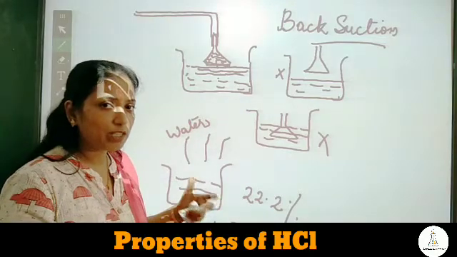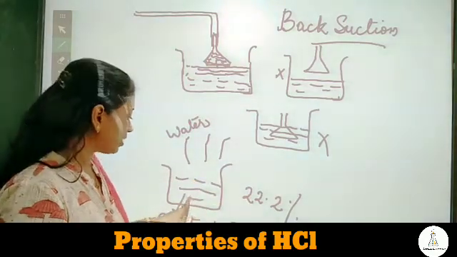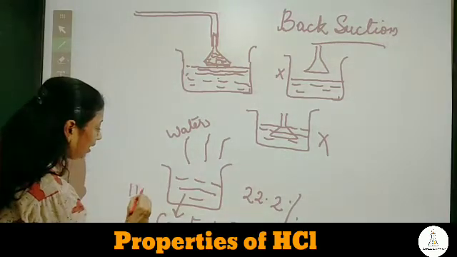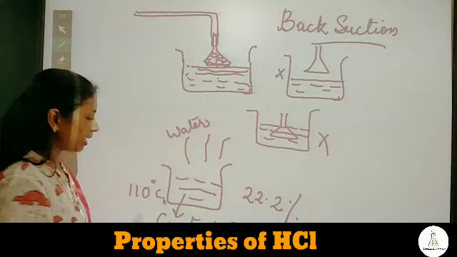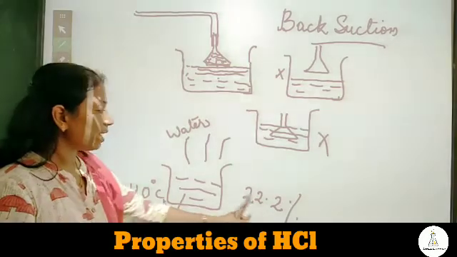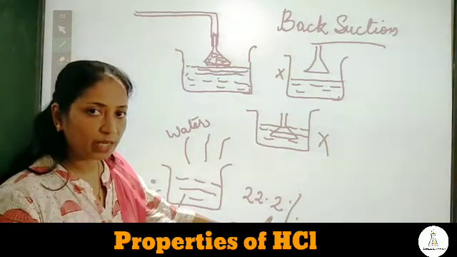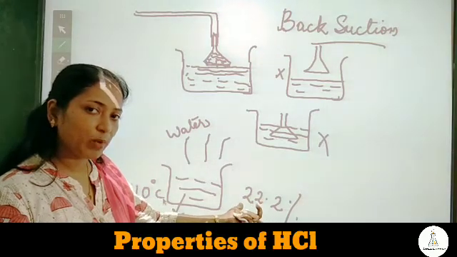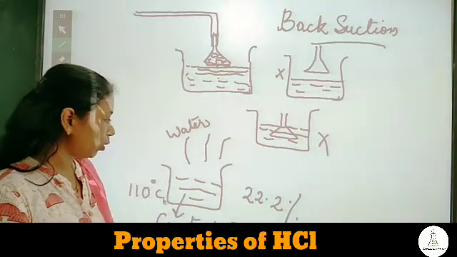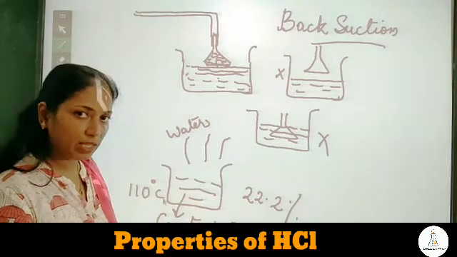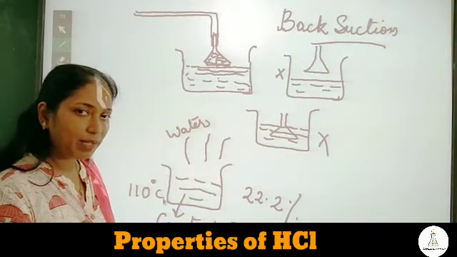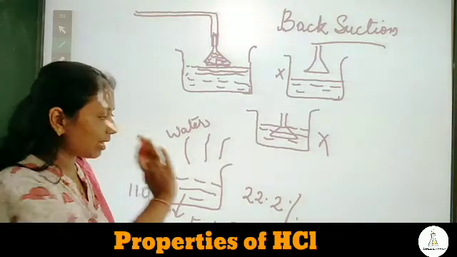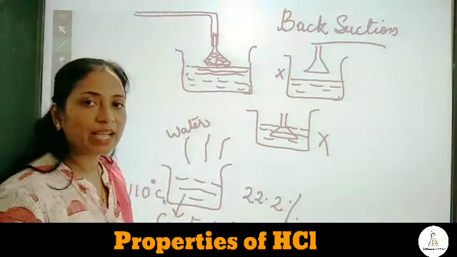Okay, why? Because when it boils, now this has become a constant boiling mixture, and this happens at 110 degrees Celsius. At 110 degrees Celsius, the acid concentration will be 22.2% and the water will be 77.8%, and no more. If you heat it further, boil it further, what will happen? The vapor will also contain the same percentage of acid and water.